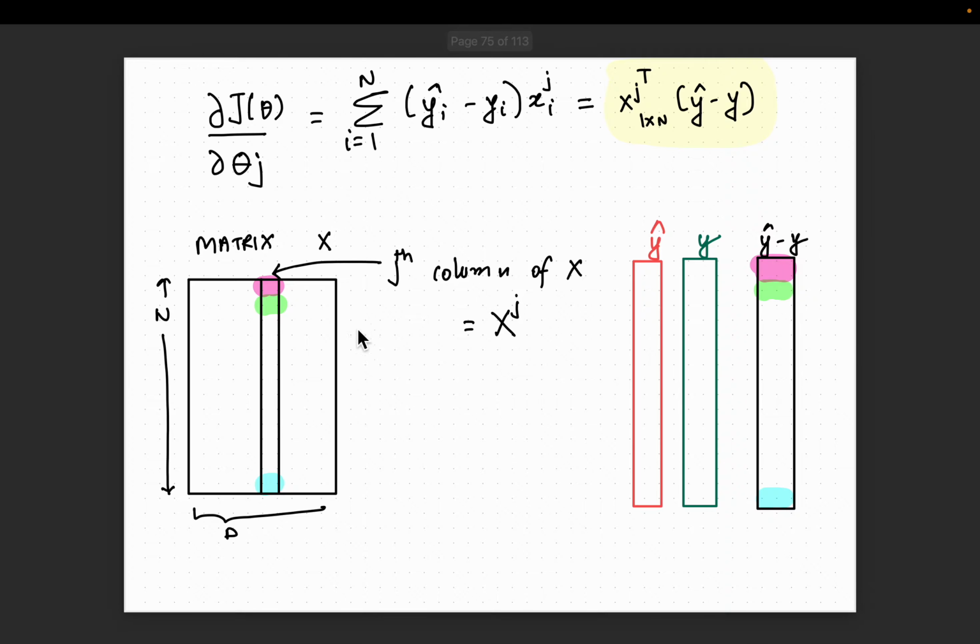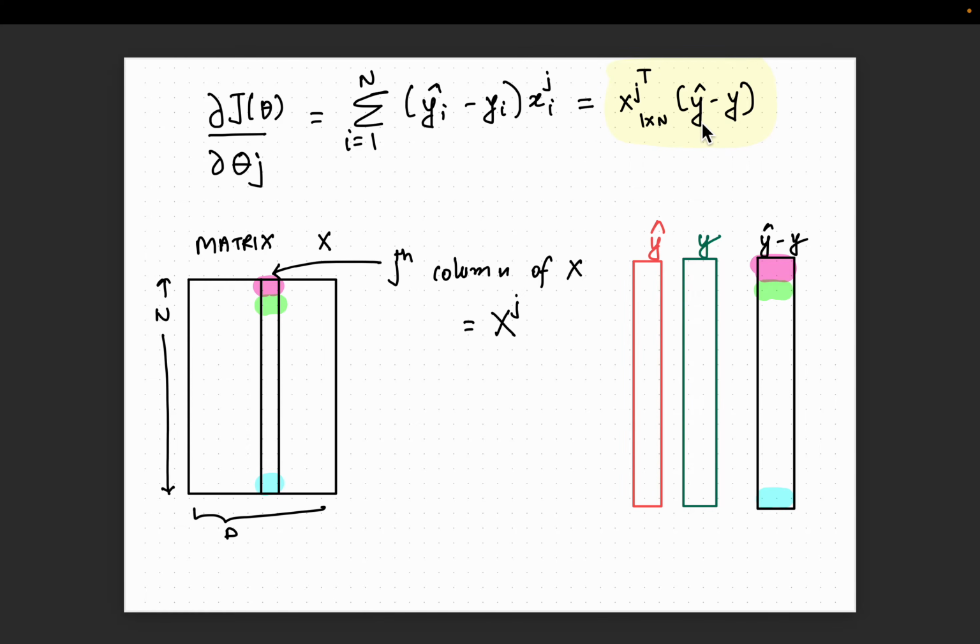Or we can simplify this expression and write it in terms of a matrix vector product, something like this. We have the vector xj, which is the jth column, but we take the transpose of this. So instead of an n cross 1 shaped matrix, we now get a 1 cross n dimensional matrix.